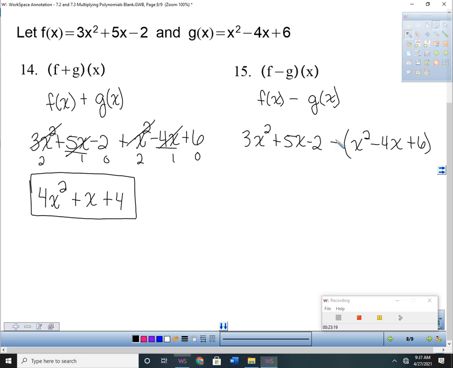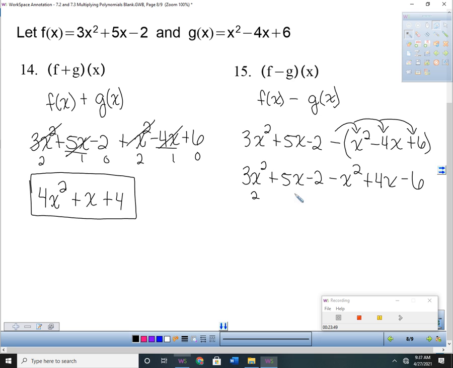We can't just subtract the first term. We have to subtract all three terms. So I'm going to have to distribute that negative that's in front there, just like we did with our regular subtraction problems. So negative 1 times x squared is negative x squared. Negative 1 times negative 4x is positive 4x. And negative 1 times 6 is negative 6.